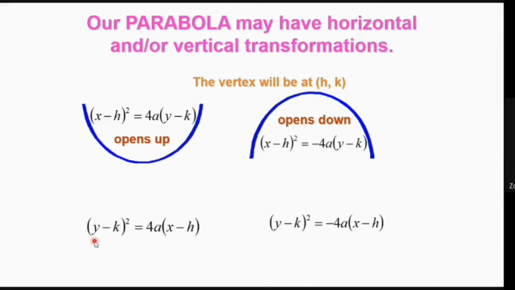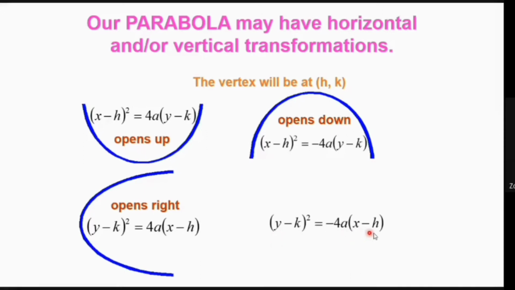So ngayon, para malaman natin kung to the right or to the left siya, titignan natin yung coefficient na 4a. Since coefficient 4a is positive, alam natin that this parabola opens to the right because it is positive. The coefficient is positive.